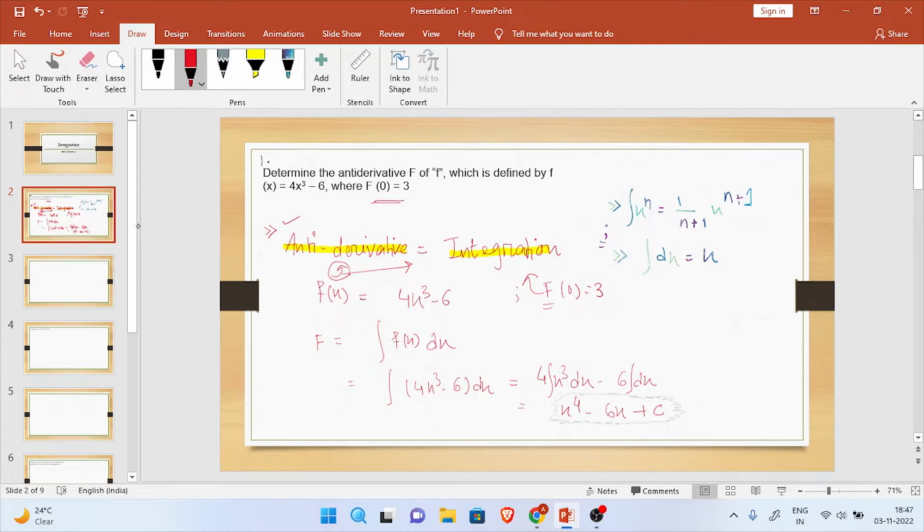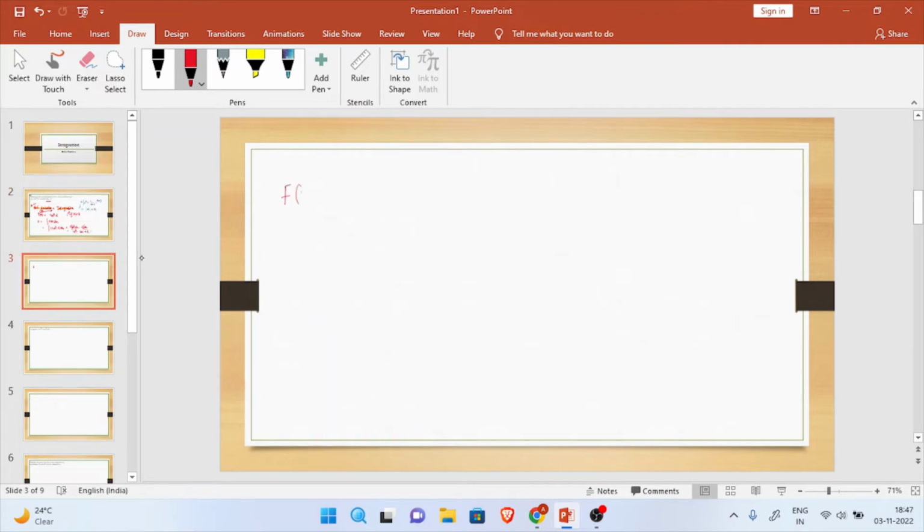Now as we can see, we are getting F(x) as x to the power 4 minus 6x plus c, and F(0) is 3, which is given. We can say c is equal to 3, which is quite obvious by putting 0 to the power 4 minus 6 into 0 plus c is equal to 3.